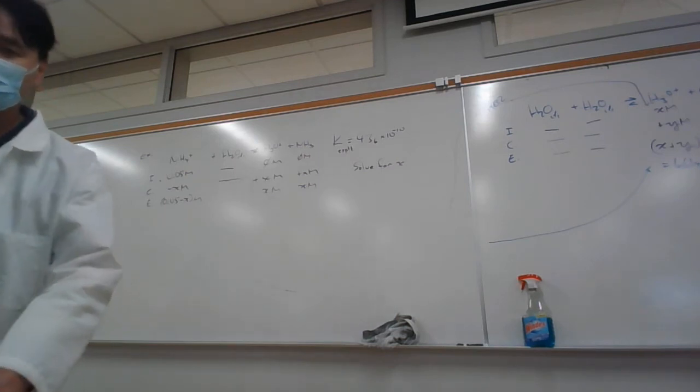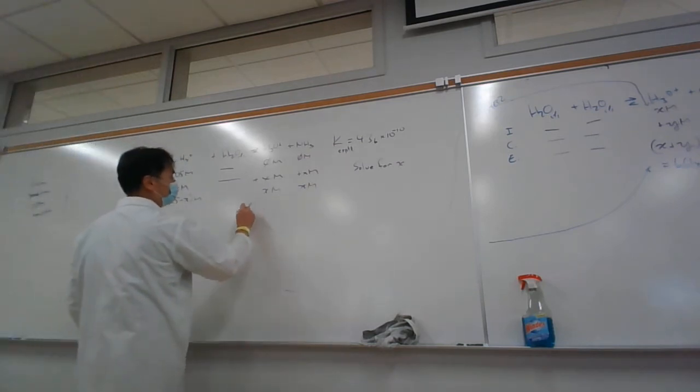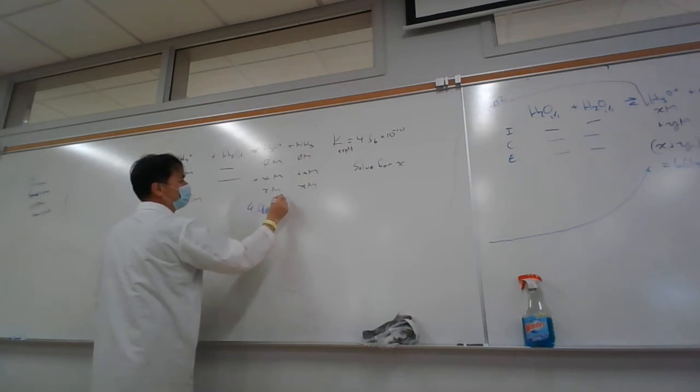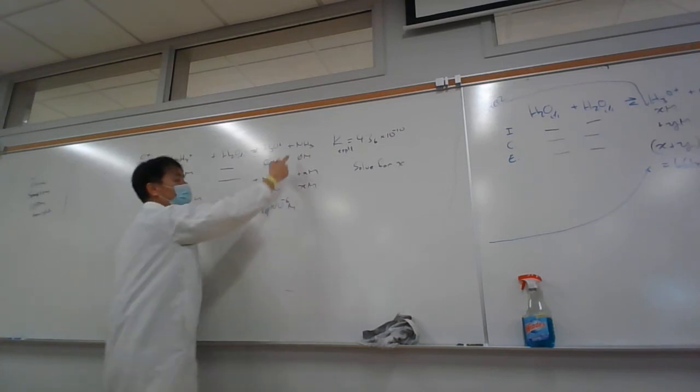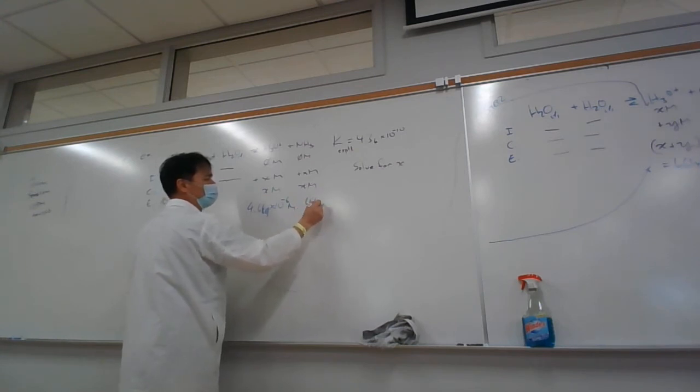Yeah, okay, what did you get for x? 4.668 times 10 to the negative 6. Okay, that's for the hydronium. Okay, what was the ammonia concentration? It should be the same. Yeah.